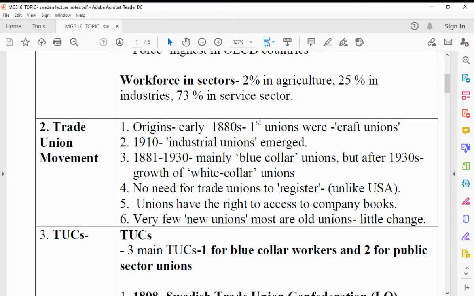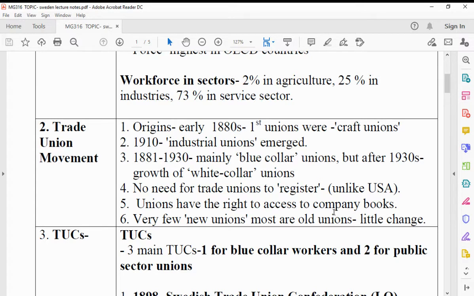And then trade union density declined. When Ronald Reagan came into power in USA, trade union density declined. So here in Sweden, high trade union density means there is support from the government, and this also means the trade unions are really powerful. The trade unions are able to voice out the issues of its members. The workers want to join the trade unions, isn't it? Having really high trade union density.